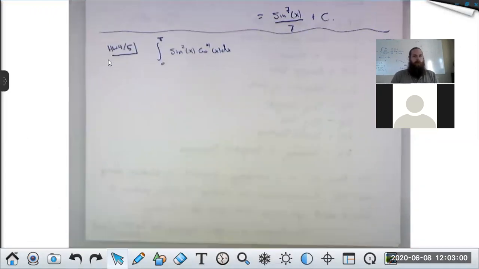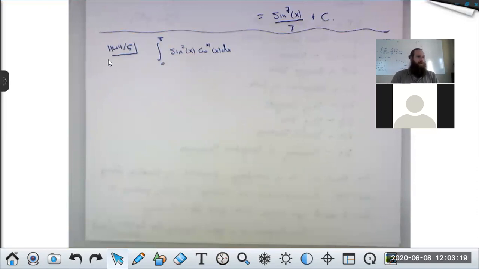Because both of the powers are even, right? The sine cosine integrals are tricky when both of the powers are even. We will not be able to make a substitution to turn this into a polynomial, unfortunately. So the nice case for the sine cosine integrals is at least one of the powers is odd. This is the not nice case.